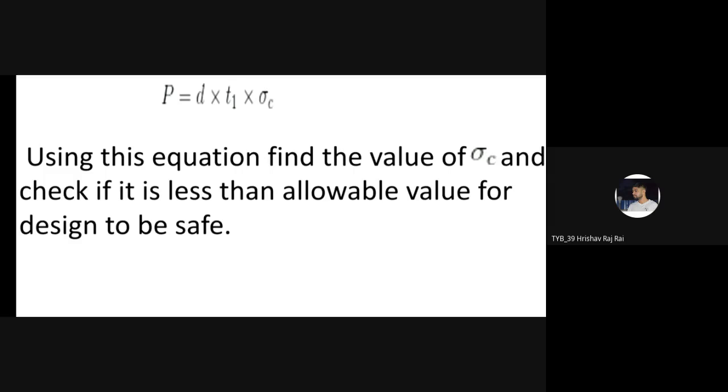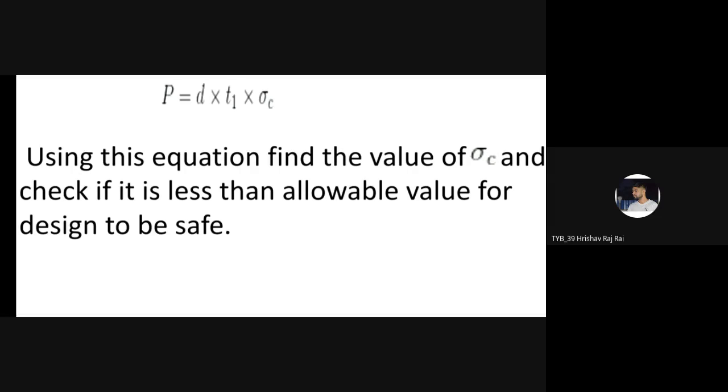We have to increase the dimensions. There is no question of decreasing the dimension, because the stress is going to increase. It means that the resisting area is not sufficient, which is why we have to increase the dimensions. Generally, it doesn't happen. If that part is safe in shear and in tension, then automatically it is safe in compression or crushing stress also.